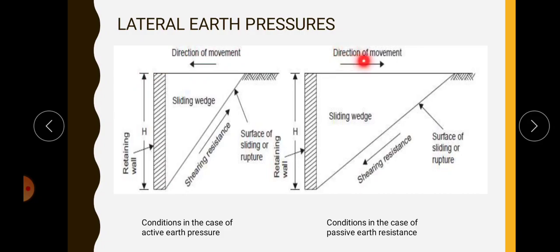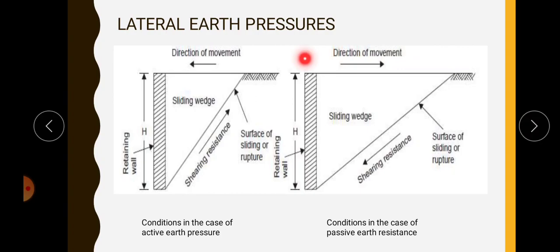In the second case, the retaining wall is caused to move towards the soil. It is a retaining wall, same as this figure, and it holds back the soil mass. When this retaining wall is caused to move towards the soil, the wall is the actuating element. The soil provides the resistance in response to the movement of the structure in this direction.